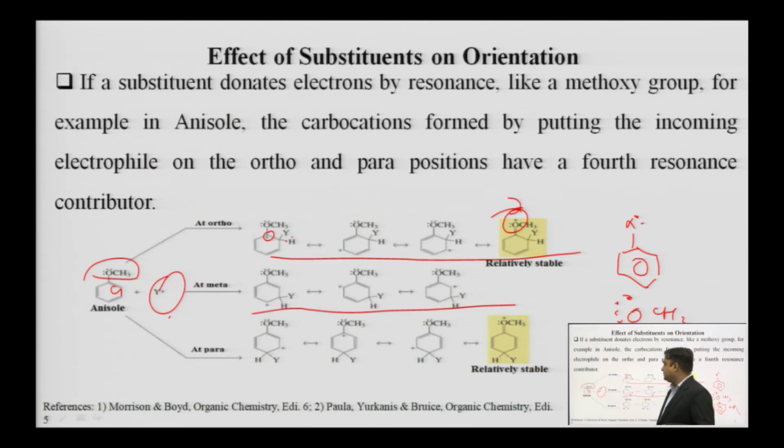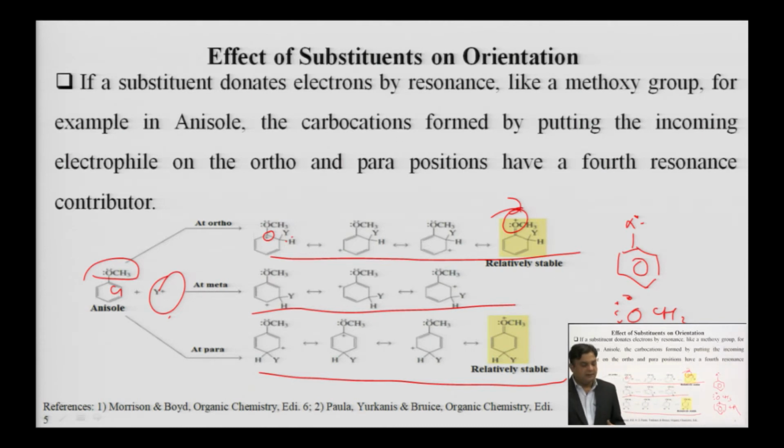When attack occurs on the para position, again we can see that the number of resonating structures is 4. We have already known that the more the number of resonating structures, the more the stability of the carbocation, and that stable carbocation ultimately results in the product. So we are getting the major products from that relatively stable carbocation.